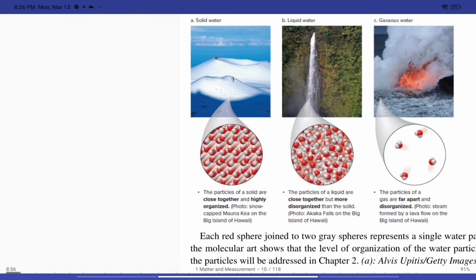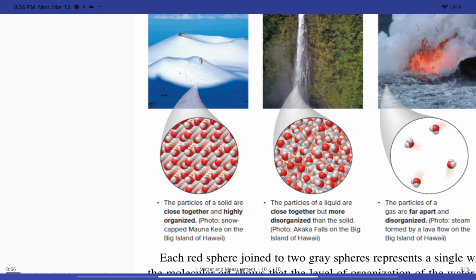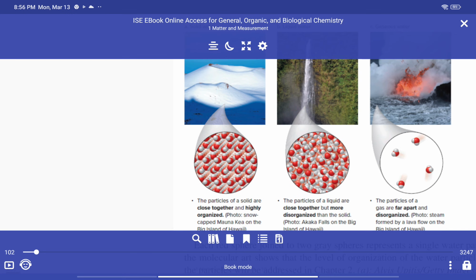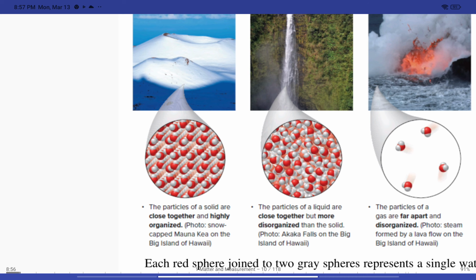In the liquid water in the presentation, the particles of a liquid are close together but more disorganized than the solid. So this is Akaka Falls on the Big Island of Hawaii.